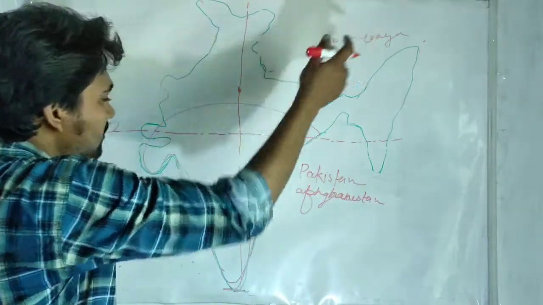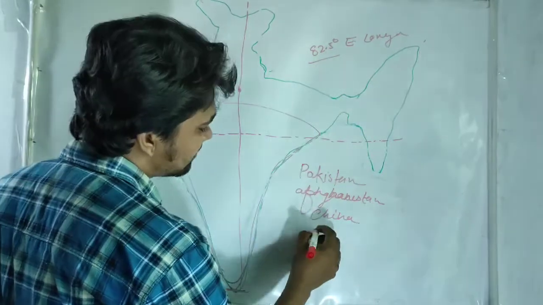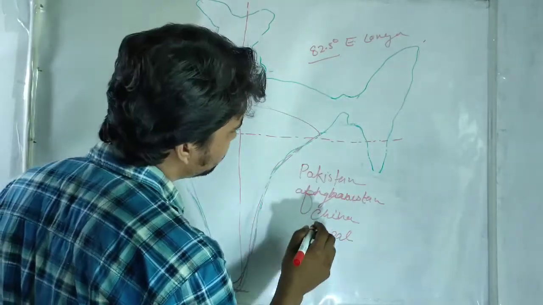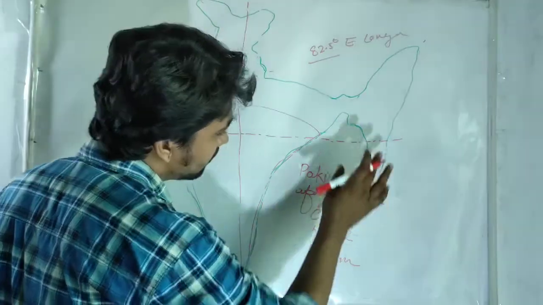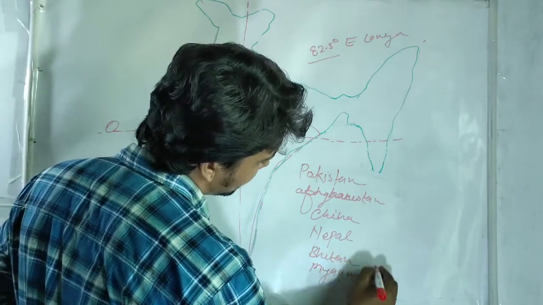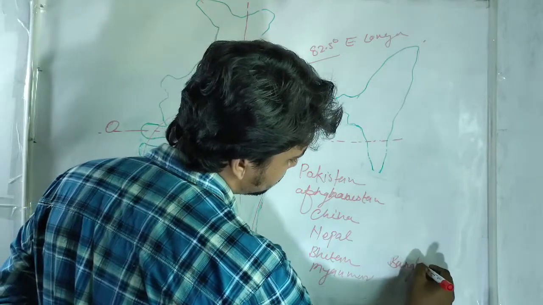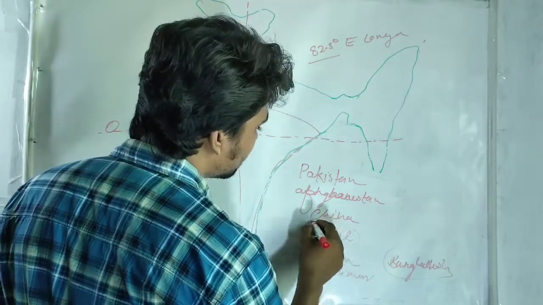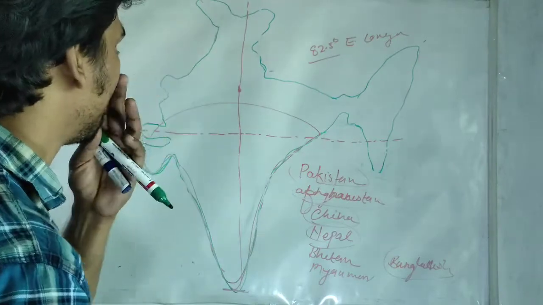The third is China. Fourth one is Nepal. Fifth one is Bhutan. Sixth one is Myanmar, and the seventh one is Bangladesh. So these are the 7 countries which share an international border with India.